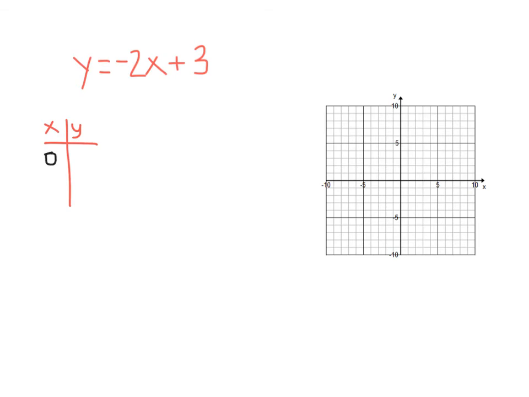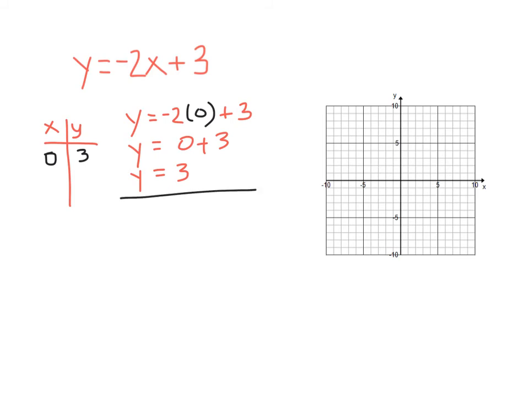I'm going to take our equation, y equals -2x plus 3, put a 0 in for x, and solve this. Y equals -2 times 0 is 0 plus 3, and 0 plus 3 is 3. So I know my y value is 3 when my x value is 0.